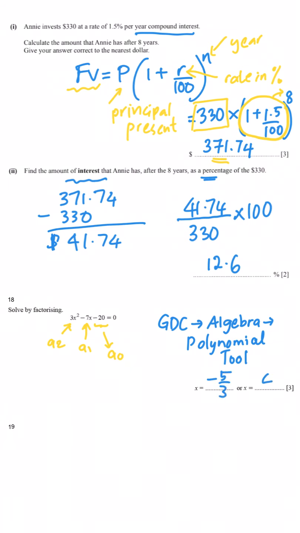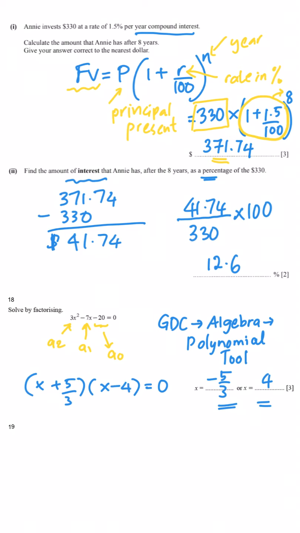However, this kind of question usually wants the working. So what you can do is put it back into brackets. We get the answer, now we do the working inversely. If it is negative 5/3, it will be positive 5/3, and if positive 4, it will be negative 4.